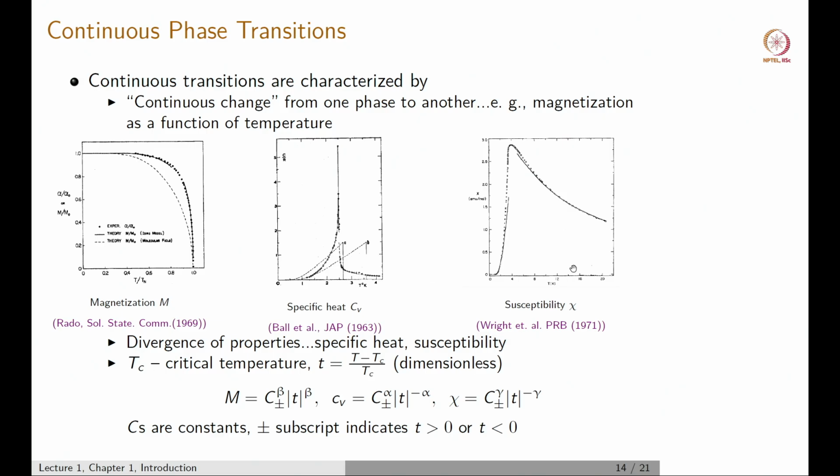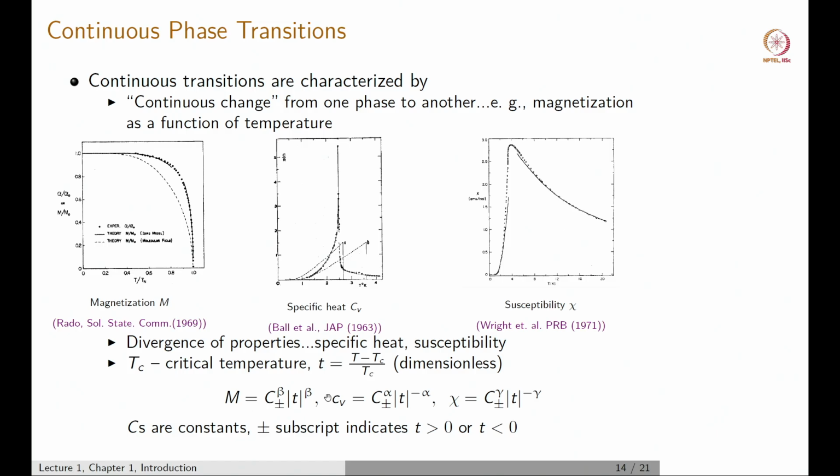The phenomena that we have seen here, namely these divergences, are characterized by certain functional dependence of these quantities, namely the magnetization or the specific heat or the susceptibility, on this dimensionless reduced temperature, little t.